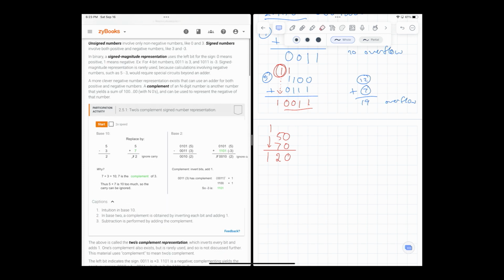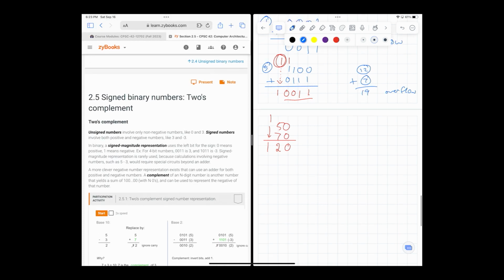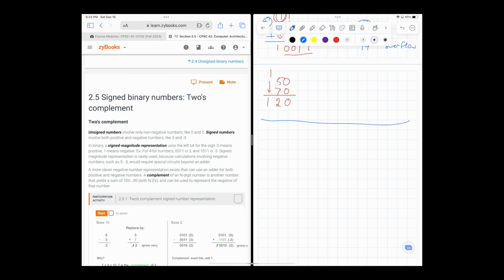So basically, what we want to do is we want to be able to handle negative numbers. Okay. And so we need a way to do it. So, 2.5, 2's complement.